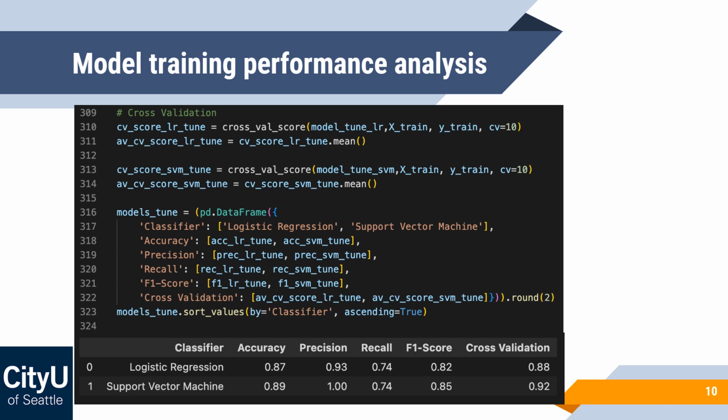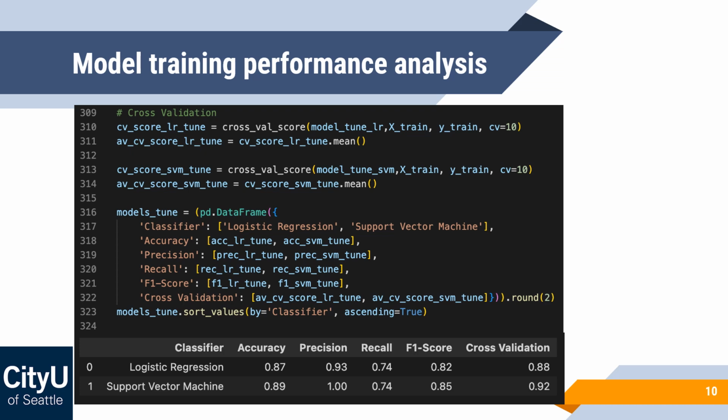cross-validation. And as you can see, for logistic regression, we have an 87% accuracy, precision we have 93, recall is 74, and F1 score is 82, cross-validation is 88.